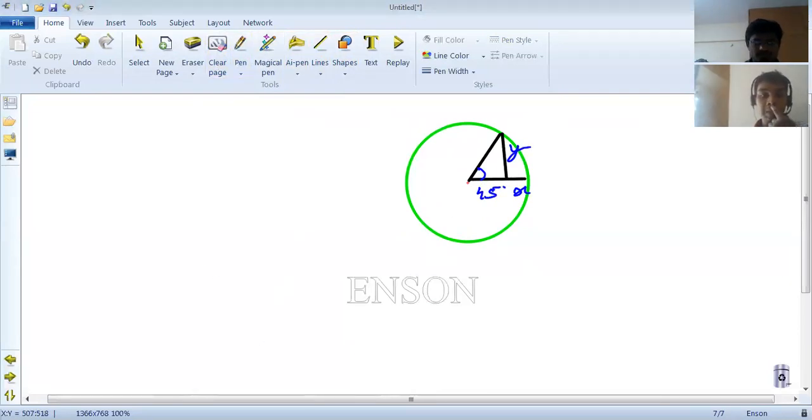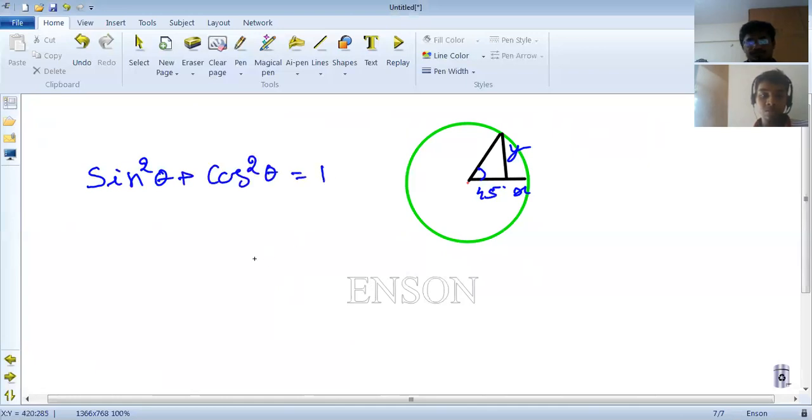Now I'm going to use the same formula as the previous one: sin square theta plus cos square theta is equal to 1, which we solved earlier.